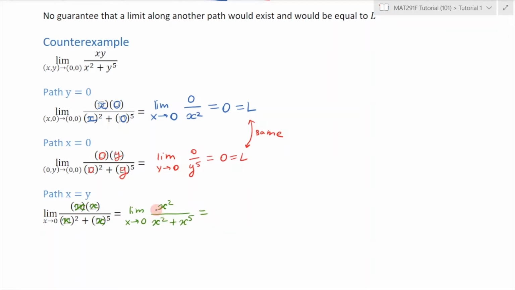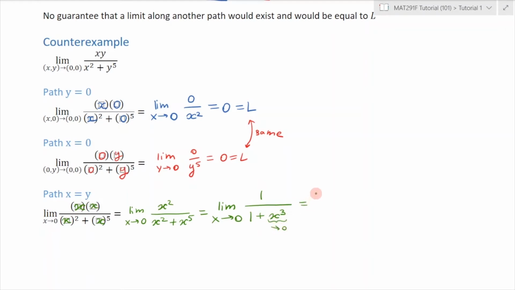Let's cancel x squared on top and bottom. And the reason we're allowed to do that is because when we're talking about limits, we don't care about x being identically 0. So we're allowed to actually cancel it. So we get something like this. And then this is approaching 0.